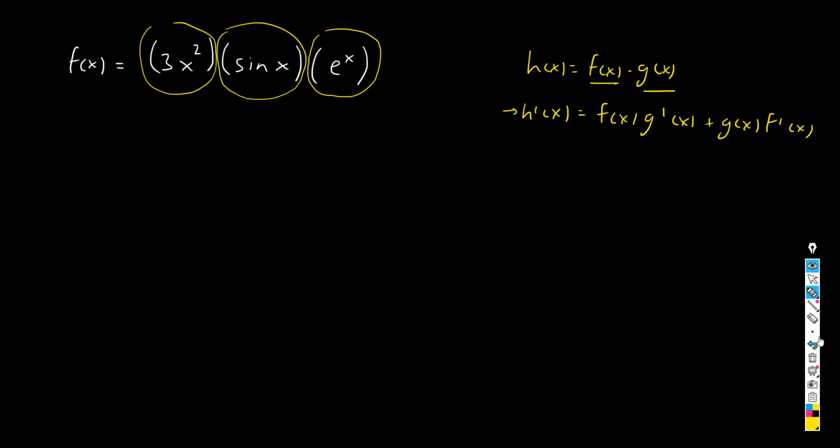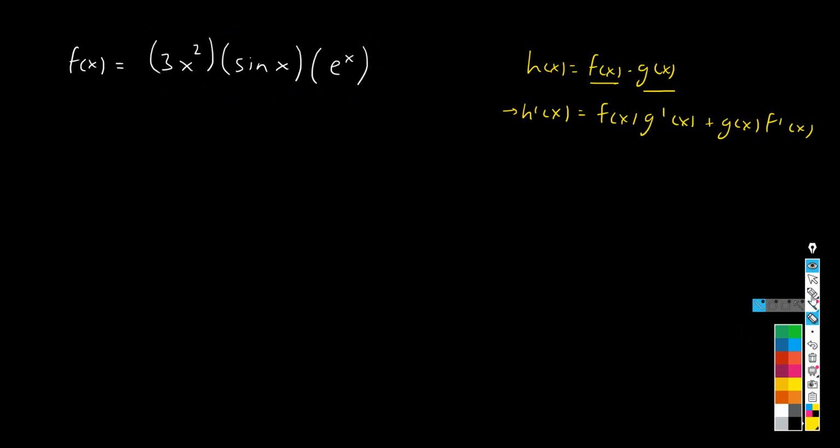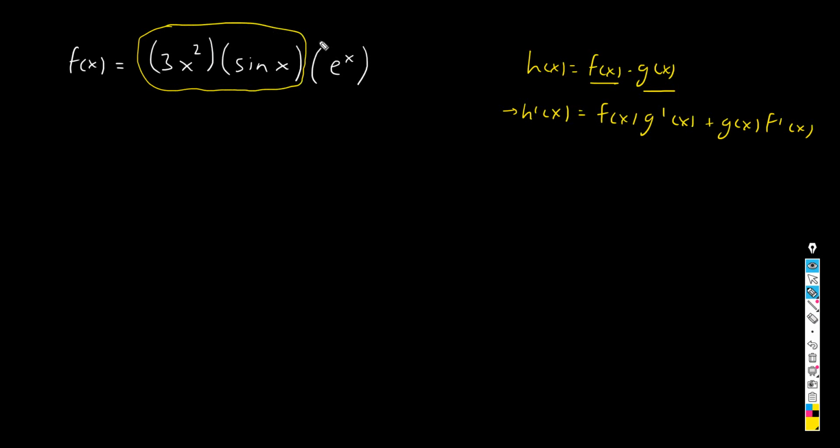Okay, what you have to do is consider the following. You can associate. For example, I can say, and there is nothing wrong about this, I can consider all of this as a single function, you see, and all of this as a single function, you see. Or I could have done the other way around. I could have considered only this part as a single function and the product of these two as another function. And once I have this association, I can apply the rule.